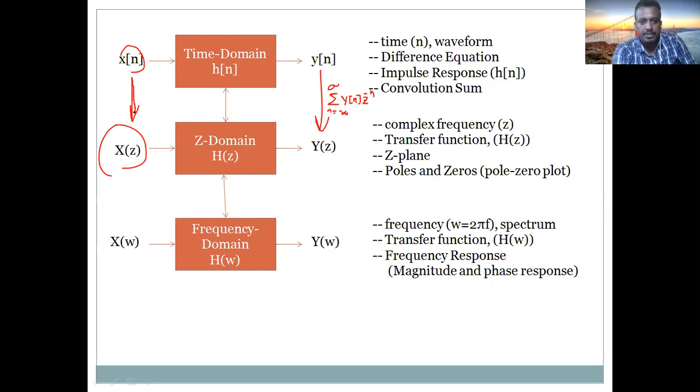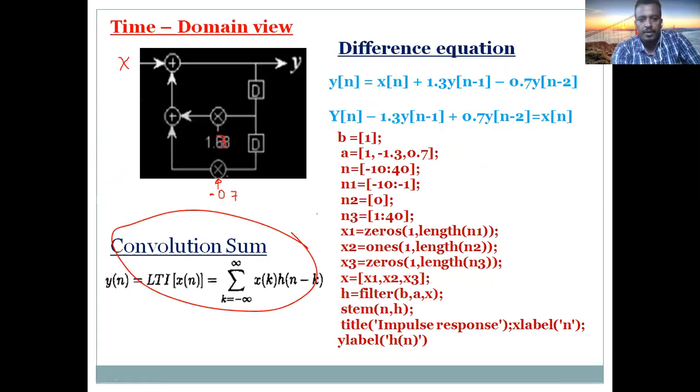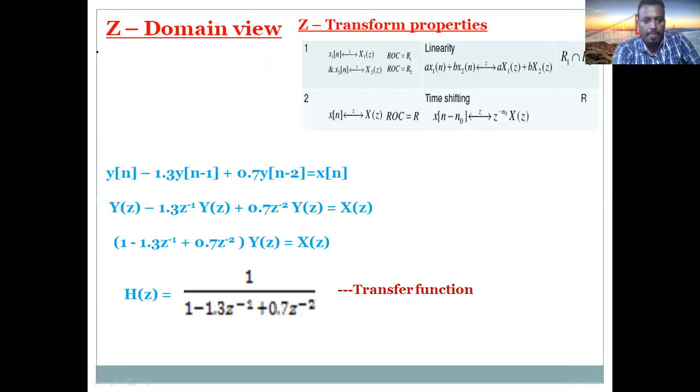Similarly, x of n is transformed to x of z. We are transforming our signals into Z domain form. So x of n becomes x of z now. Everything is a function of z. y of n becomes y of z.